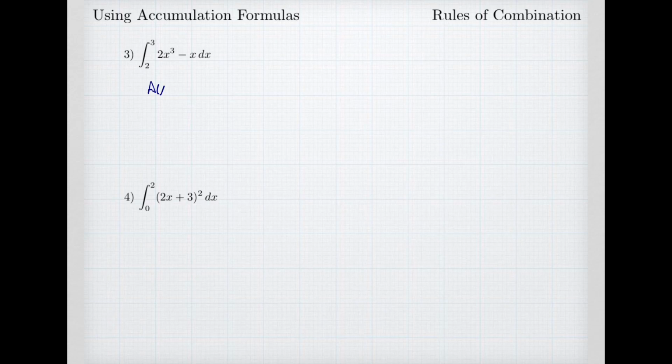The accumulation will be double the accumulation of x cubed, which we know is 1/4 x to the fourth. And then we're going to add a constant multiple, which is -1, times the accumulation that belongs with x. And that is 1/2 x squared.